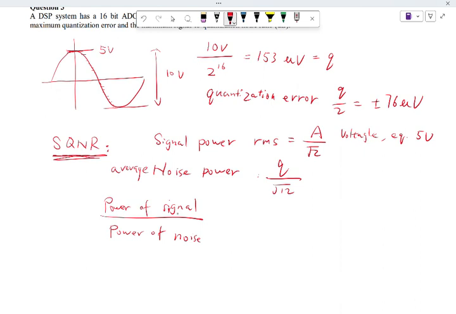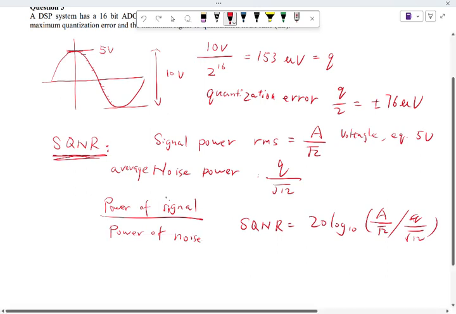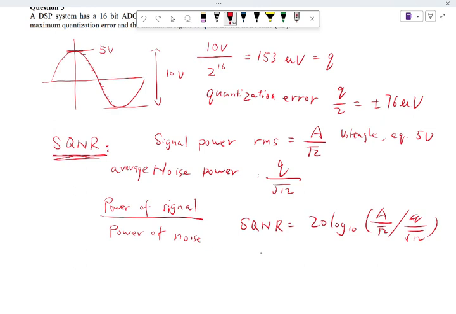We also want to put it into log mode, so it has dB as a unit. So SQNR equals 20 log base 10 of A over root 2, that's the signal power, divided by Q over root 12. So it's the power of signal divided by the power of noise, and then we keep going.